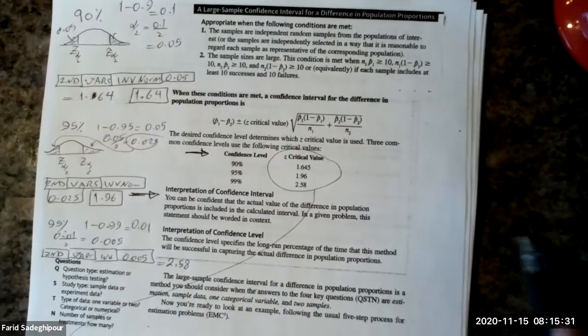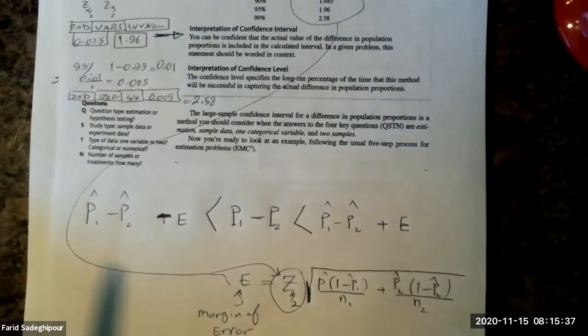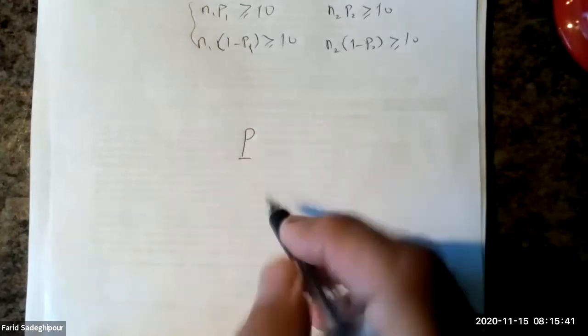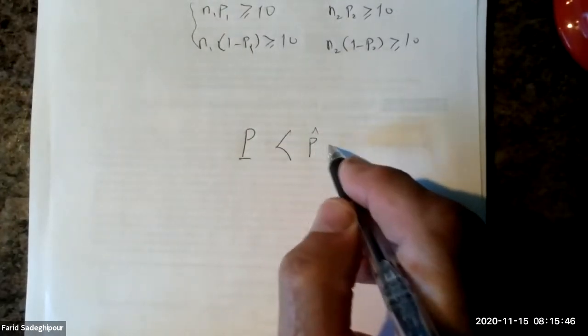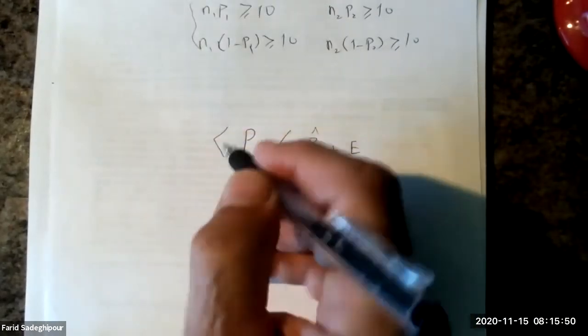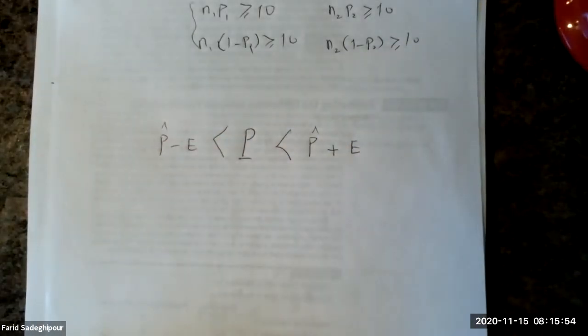The formula for the confidence interval is this. What we had before for one population was the population proportion between p hat minus E and p hat plus E. What was E?